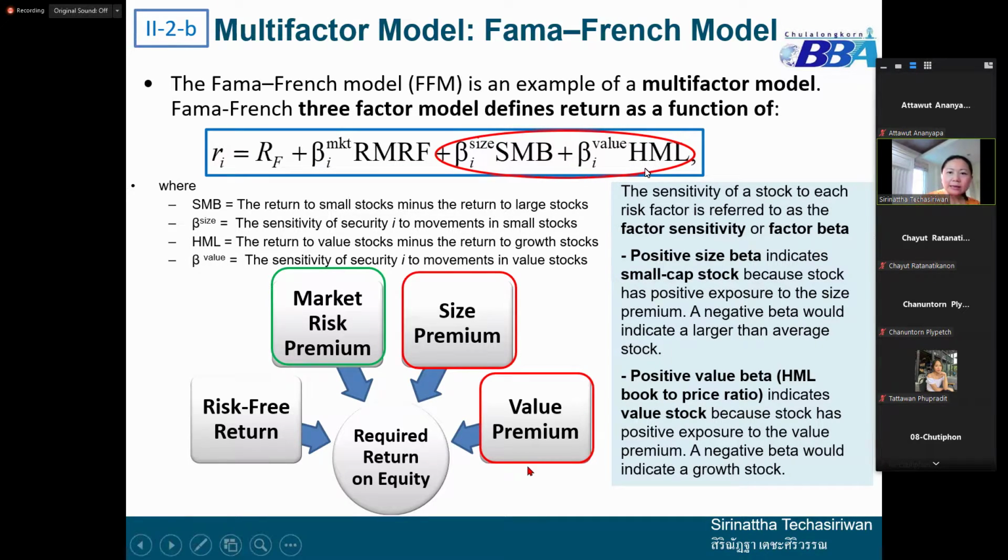And why is this high minus low? Does this refer to high book to market minus low book to market?